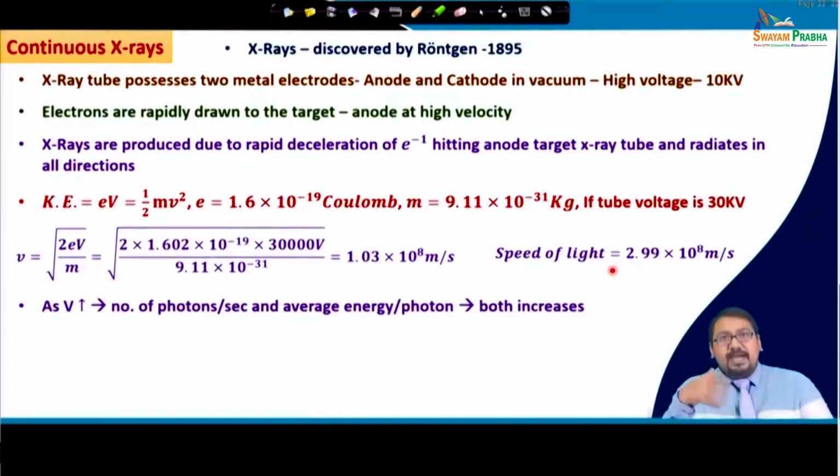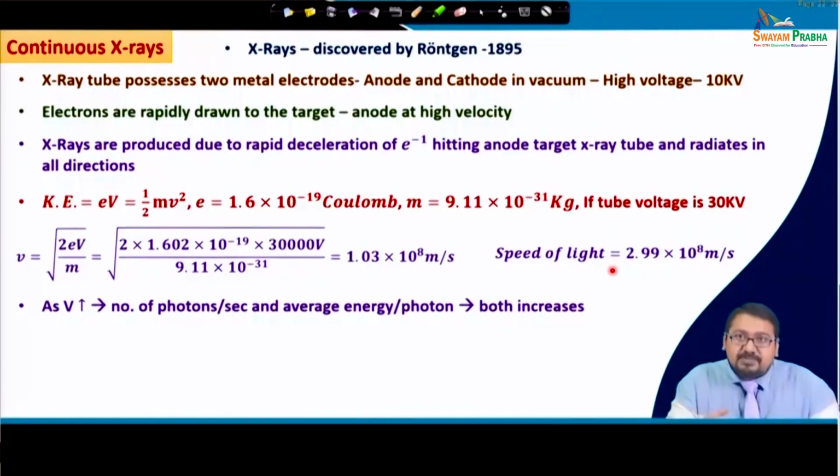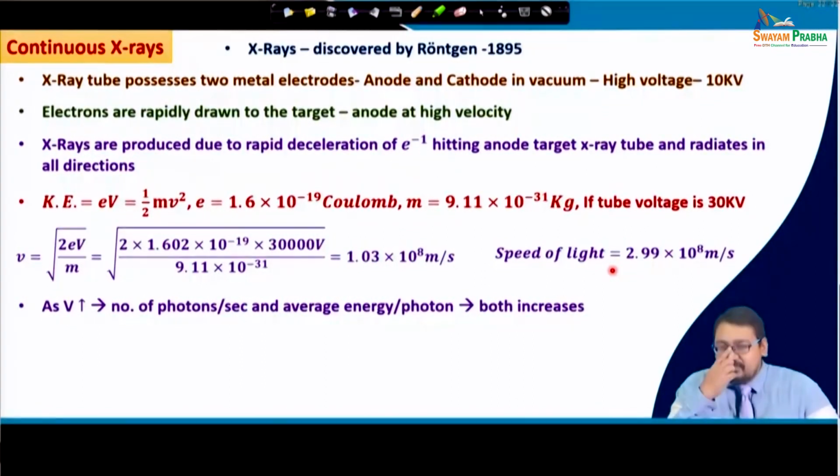So you see, as the voltage is increased, the number of photons per second hitting the anode increases, and the average energy per photon also increases.